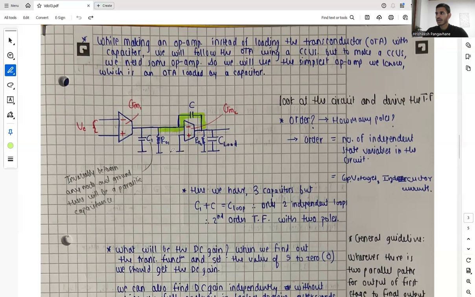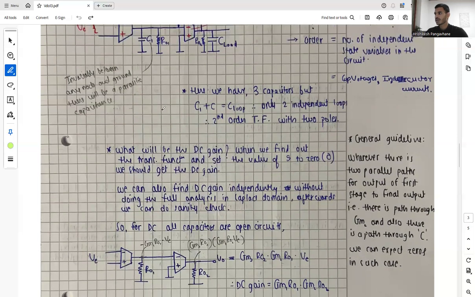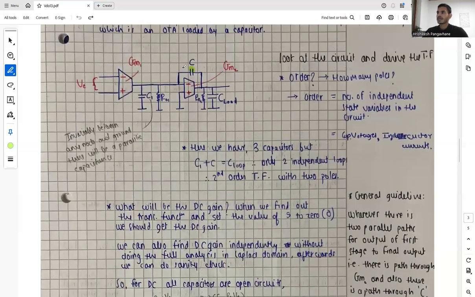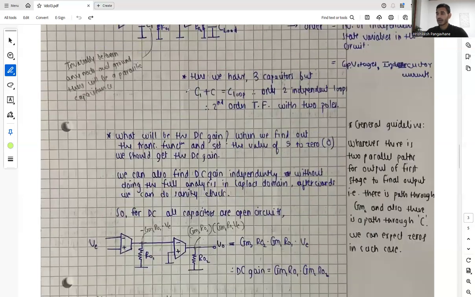One path is this one and one path is this one through the MOS transistor. So there is a path through Gm2 and also there is a path through C. We can expect zeros in such a case. But this is not 100% sure. This is a layman's vague term for the intuitive analysis.